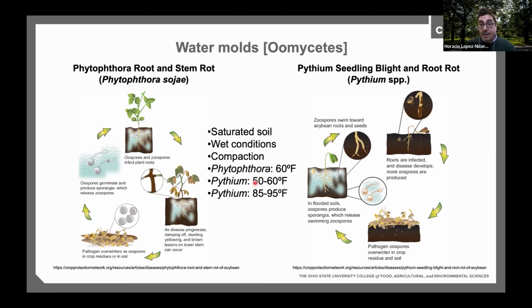They will infect and cause problems either by killing the seeds or the plant just as it emerges. Other species of Pythium do very well at warmer temperatures. So I'm showing here a situation where no matter what the condition is for that spring, we will encounter a problem if we have saturated soils, heavy soils, and a history of these types of problems.